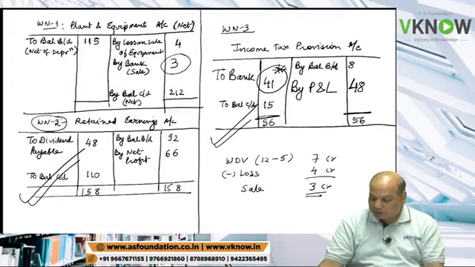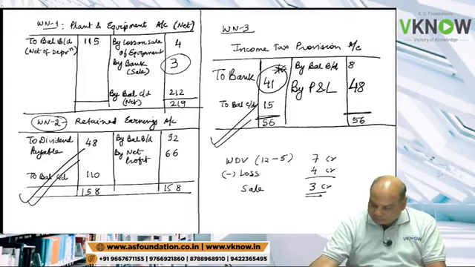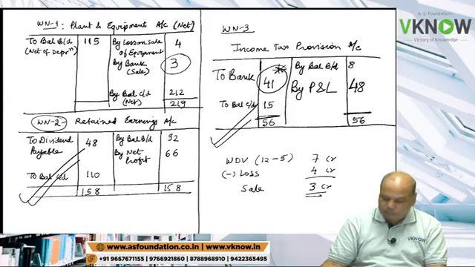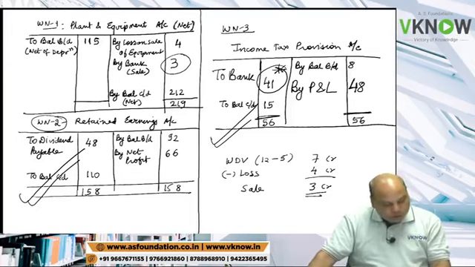Come back to that plant and equipment account. Now check if it is tallying or not. If it is not tallying, something is missing on the debit side, which will reflect purchase. Before that, we need to calculate the depreciation figure also.